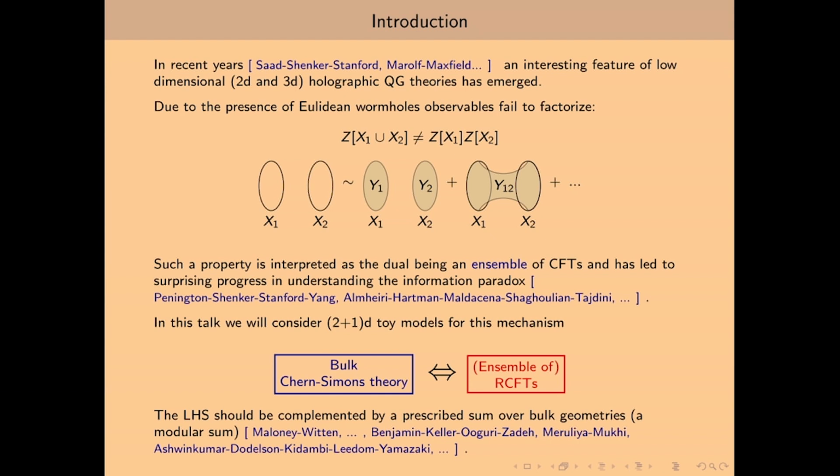This construction was done by Maloney and Witten in older years, and recently by studying the Narain ensemble of CFTs, free bosons, a certain number of free bosons, and then this was also exploited in many follow-up works.